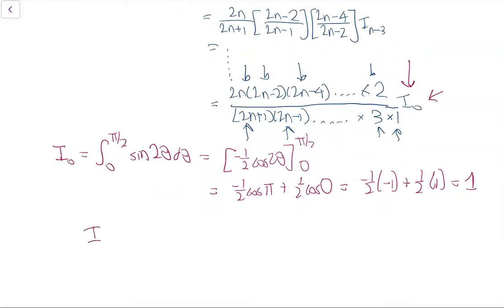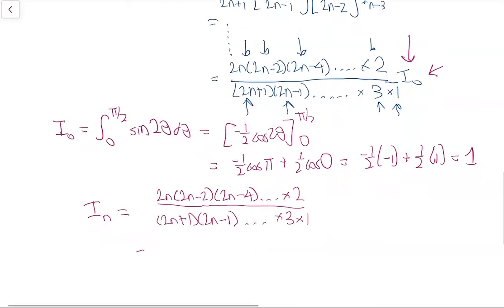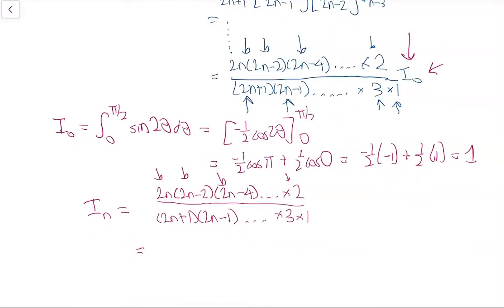So we'll have In is equal to 2n, 2n minus 2, 2n minus 4, ... times 2, and 2n plus 1, 2n minus 1, ... times 3 times 1. Now we can see we can actually take a factor of 2 out of all these numbers. There are n numbers in the numerator, and we can take a factor of 2 out of each of them.